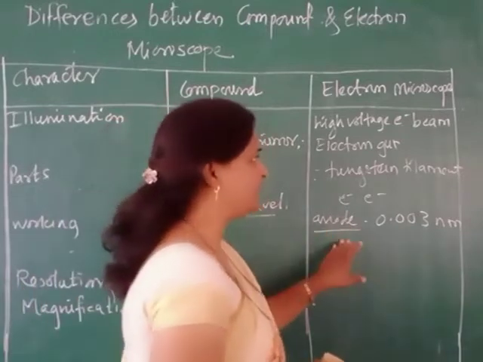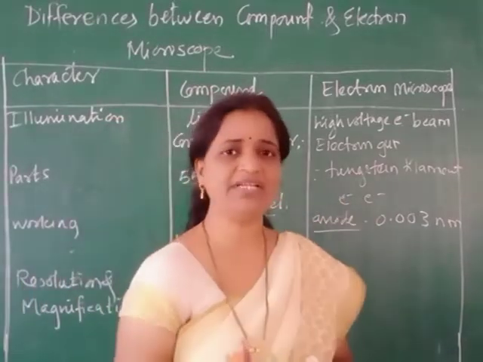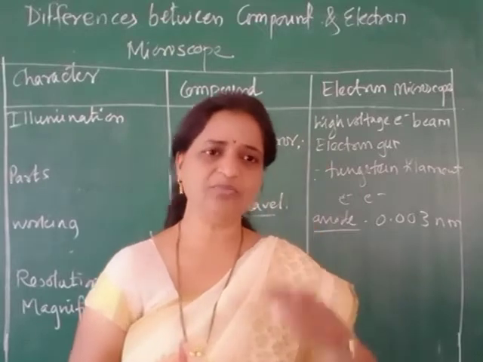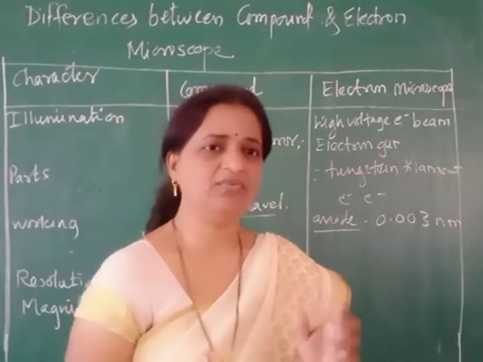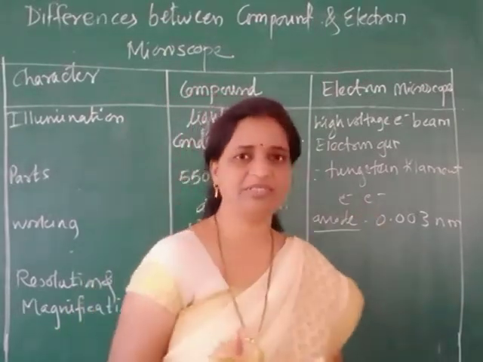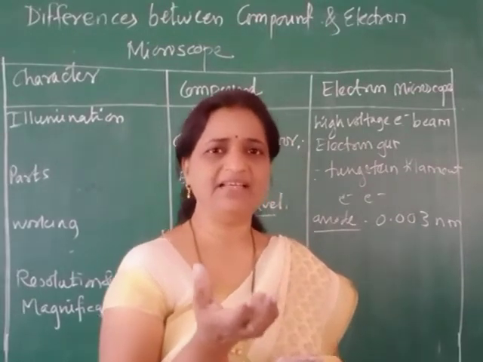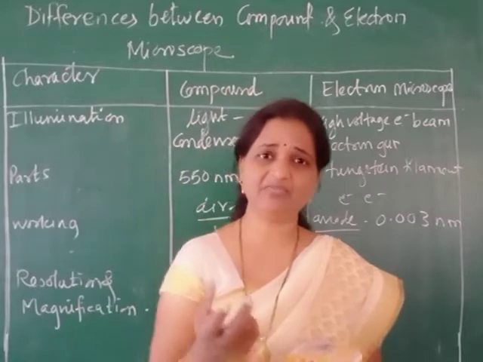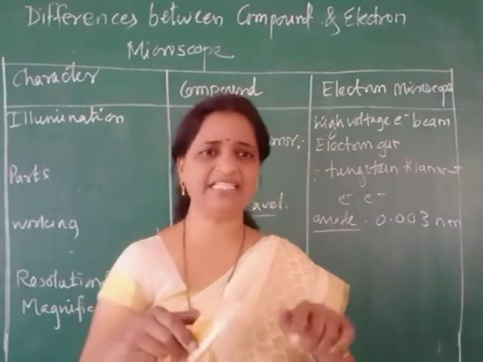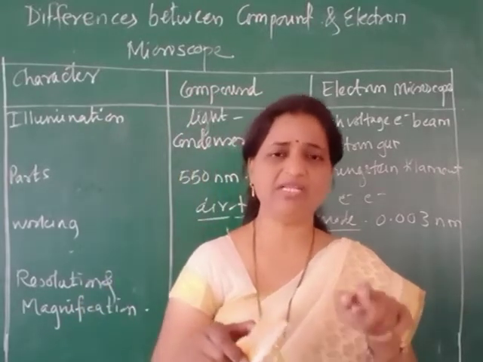In this case, what happens? We are using high voltage electron beam as an illumination path. Now what happens? These high voltage electron beams, electrons are very light by their weight. They are very light compared to the air molecule. Suppose air is present in the electron microscope. What happens?